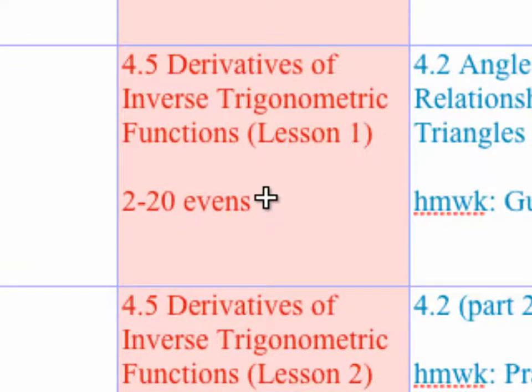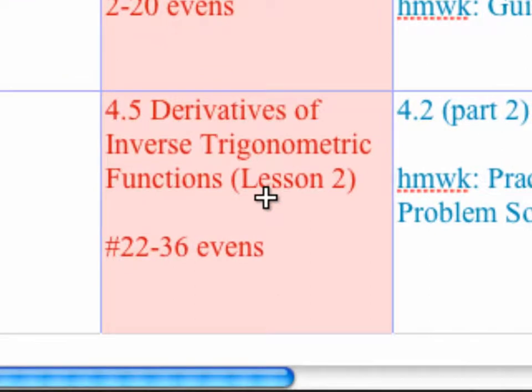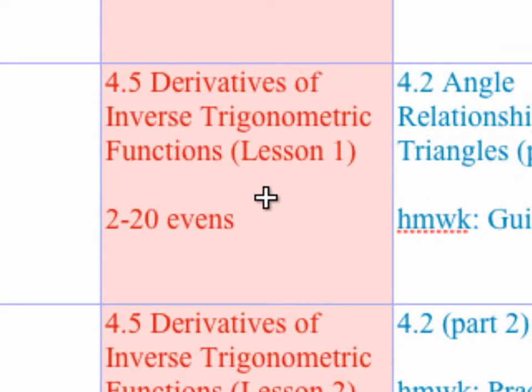That's Thursday's assignment. That's going to be going up on my board. I just haven't had time to put it up there yet. And then Friday is the second part of that lesson, and that's 22 through 36 evens. And then that finishes chapter 4, I think. Maybe there's one more section. What was Thursday? Thursday's homework is 2 through 20 evens. So that gives you a synopsis of the week.